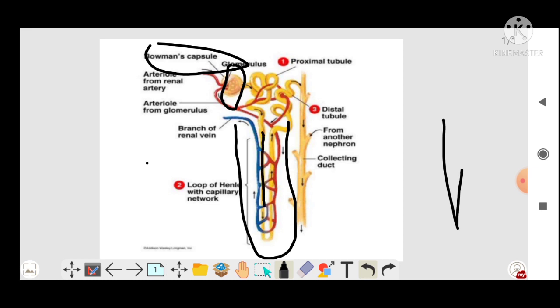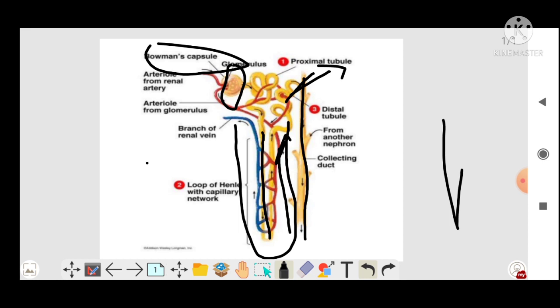This tubule is called the descending part of the loop of Henle, and this part is called the ascending part of the loop of Henle, and this is called the distal convoluted tubule, and this portion is the collecting tract.